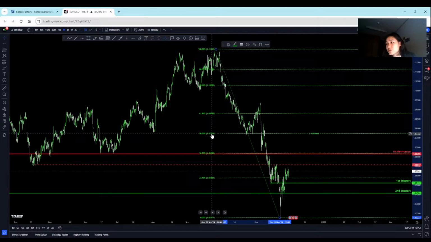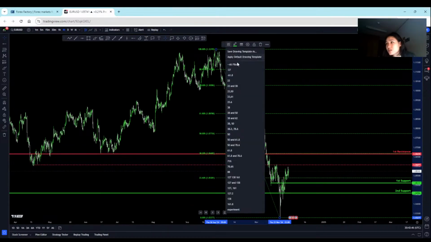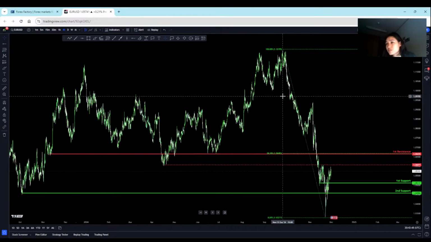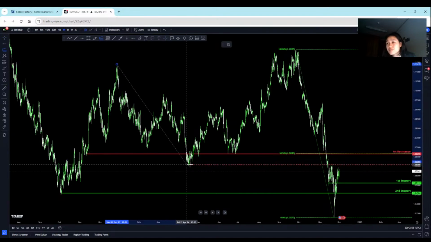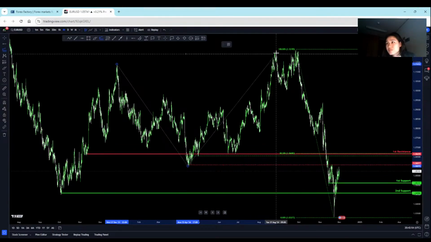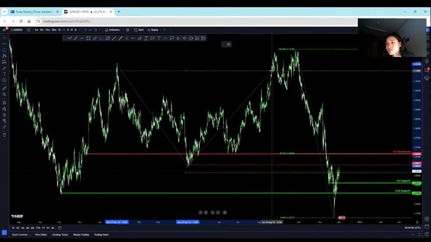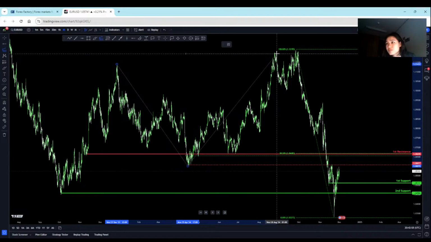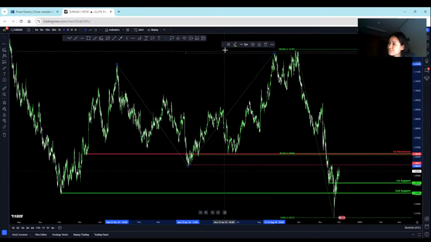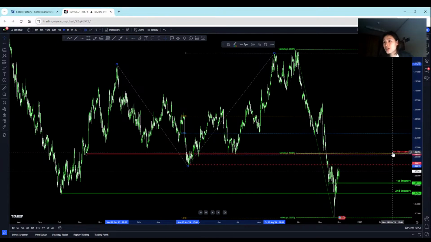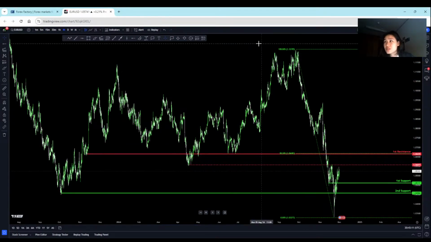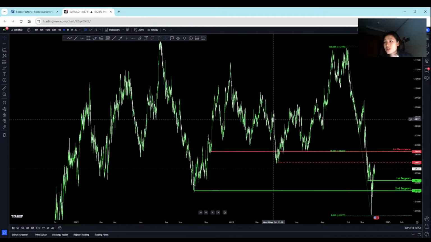Okay, my 38.2 lines up nicely. No, because prices have already broken out of that level with the first resistance, so we can't use that anymore.